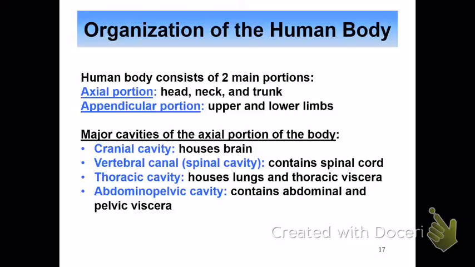Now, abdominopelvic cavity, and notice that there's an O there. On the lab exam, which is later, you've got to be able to spell some words correctly. And students spell that incorrectly sometimes. The cavity contains the abdomen and the pelvis.